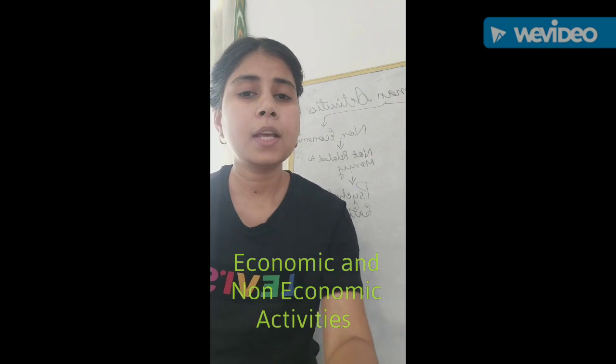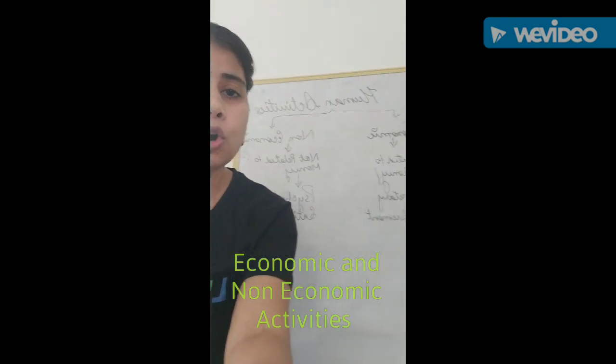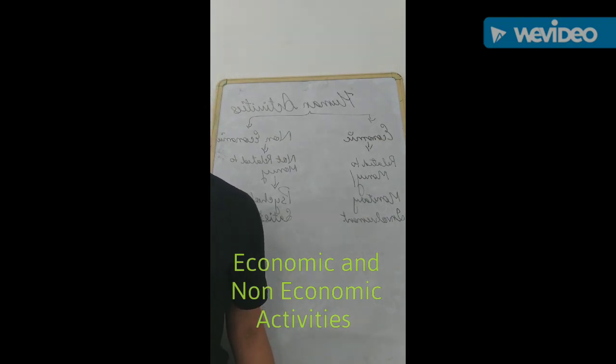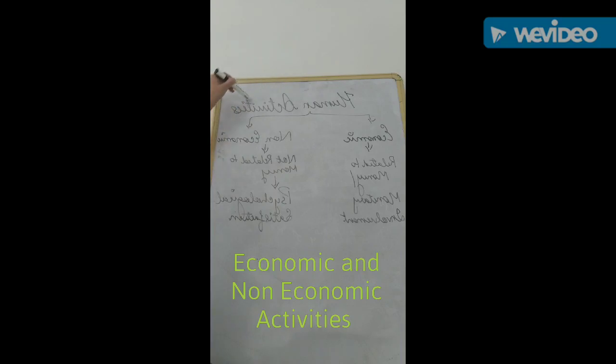So let's begin. There is a chart on the whiteboard which will clarify the doubts. In the very first step, we have classified the human activities into two parts, economic activities and non-economic activities. As I told you earlier, economic activities are always related to money, or involve monetary transactions.